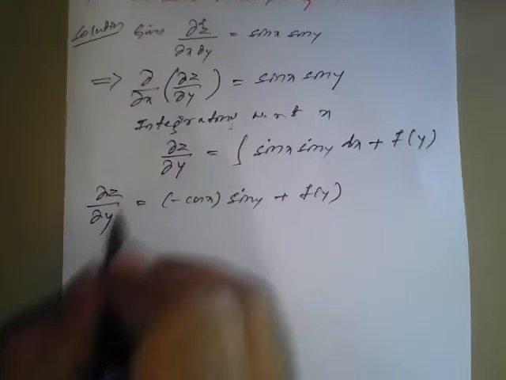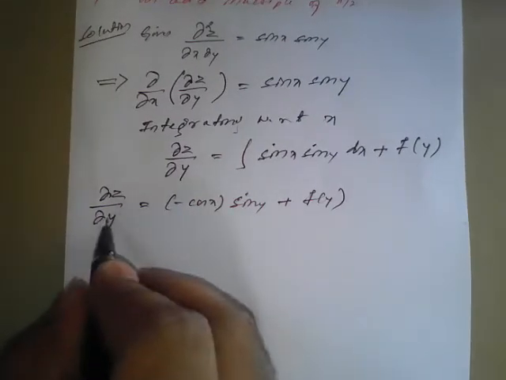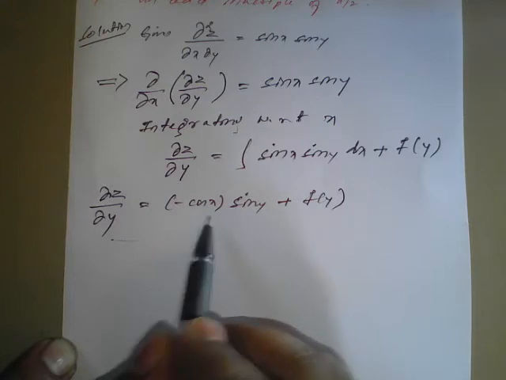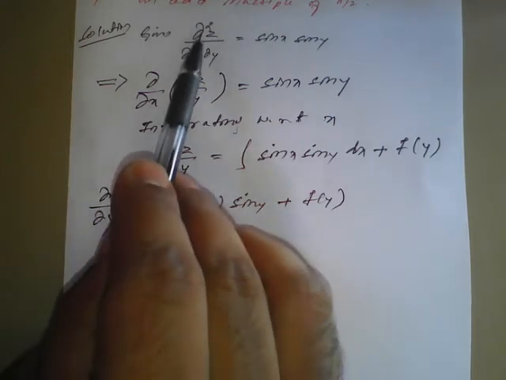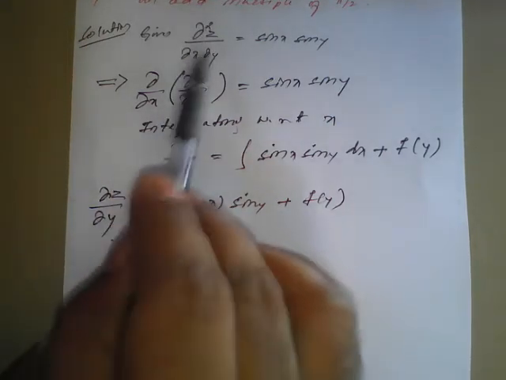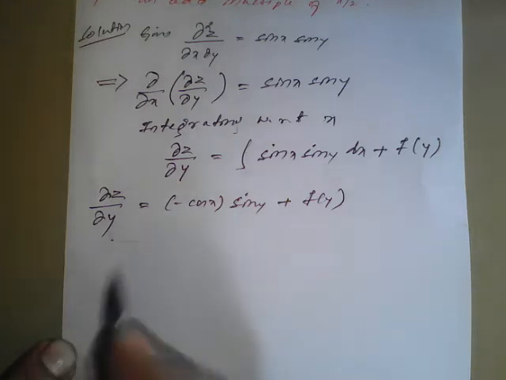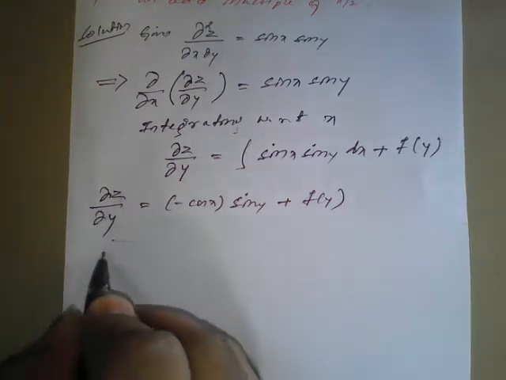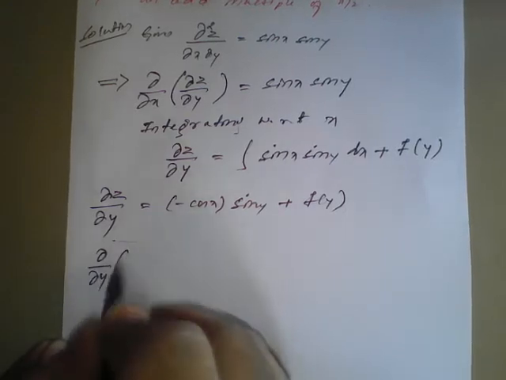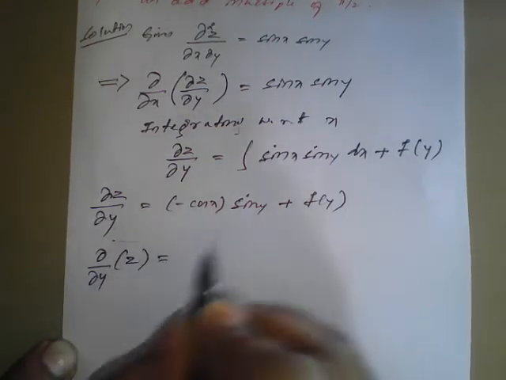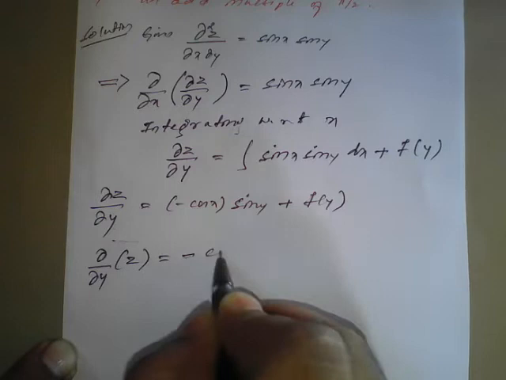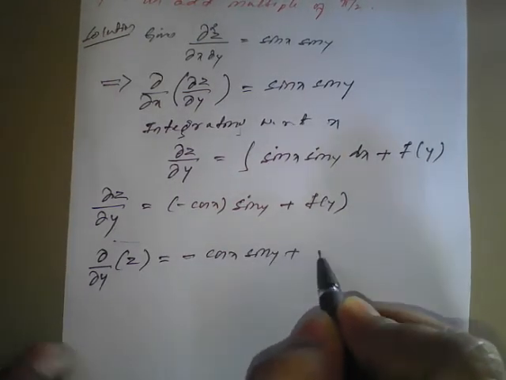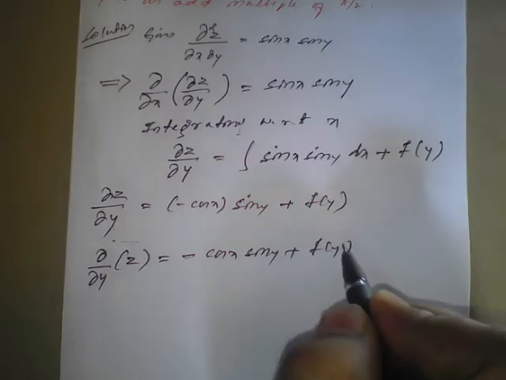This is the first integration. Since it is a second derivative, we have to reduce it again on integration. So I will rewrite ∂z/∂y as ∂/∂y of z equal to minus cos x sin y plus f of y.